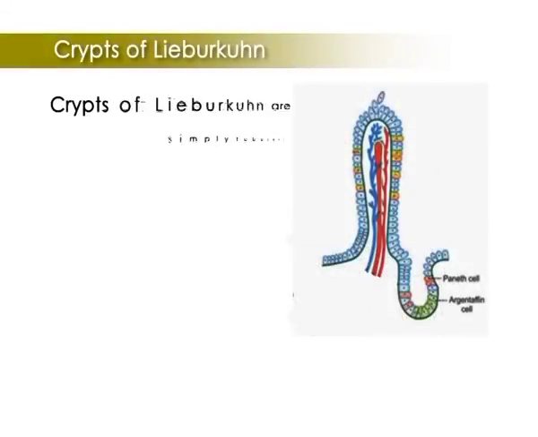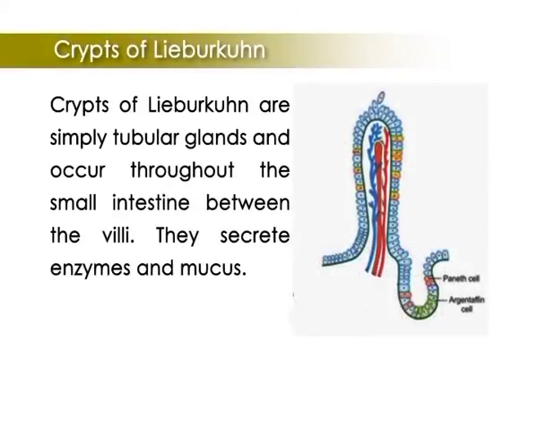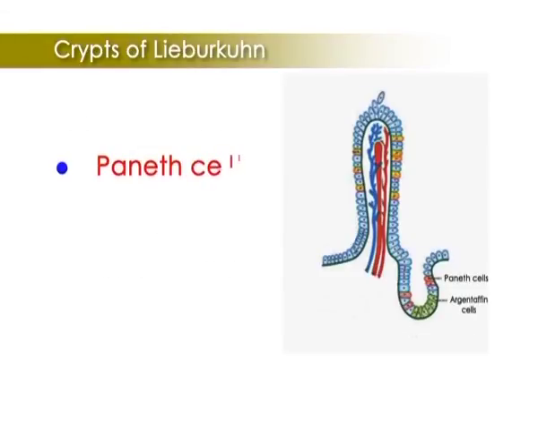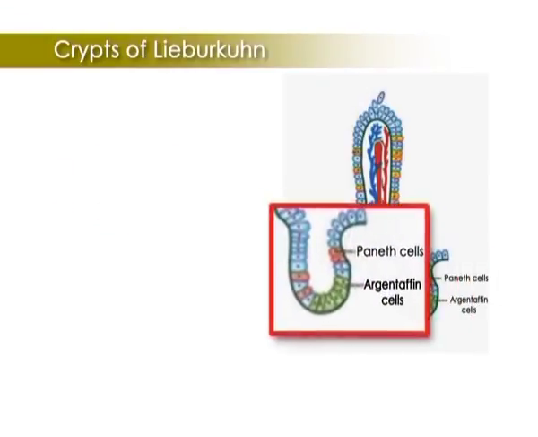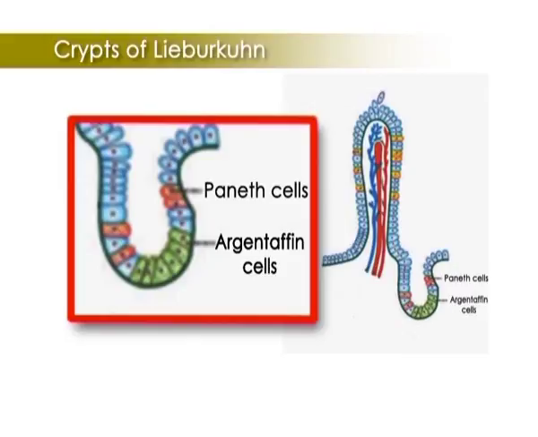Crypts of Lieberkuhn are simple tubular glands and occur throughout the small intestine between the villi. They secrete enzymes and mucus. They have 2 types of cells, that are Paneth cells and argentaffin cells.